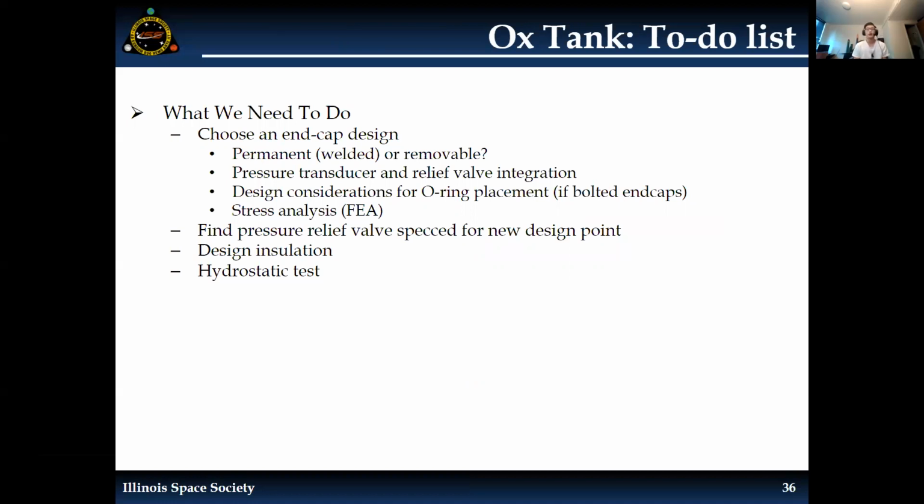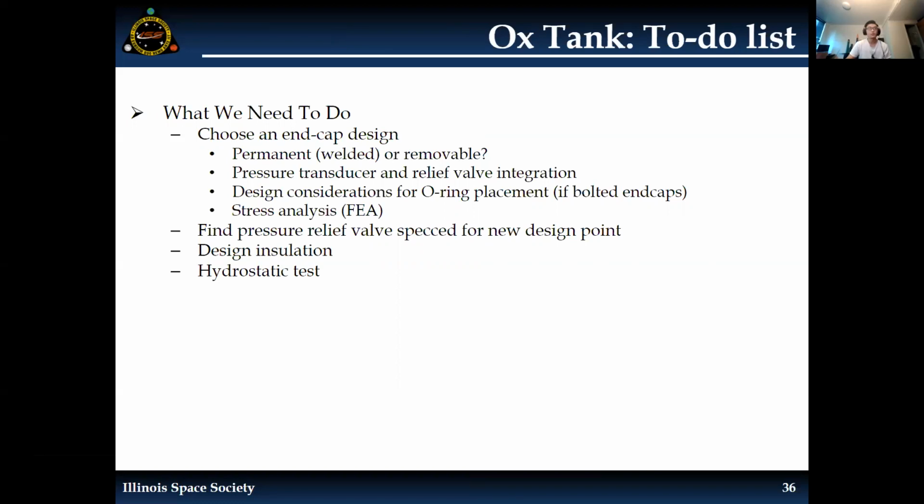We also have to figure out, because we're designing new end caps, how we're going to integrate the pressure transducer, the relief valve, and the venting solenoid valve. And we'll also have to consider O-ring placement if we do end up going with bolted end caps. Then after all that is completed, we'll have to do a final stress analysis of the entire oxidizer tank using finite element analysis software.